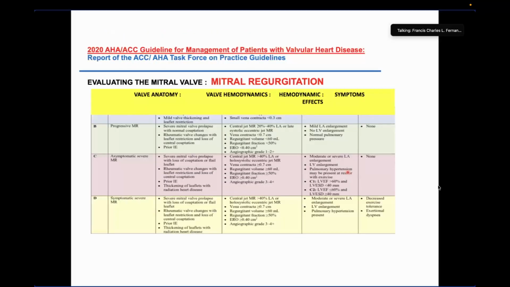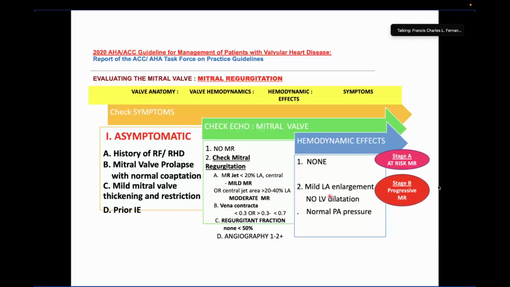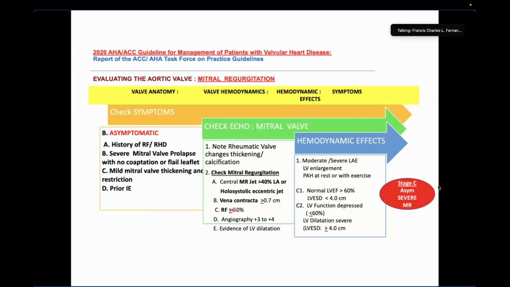So basically, they all follow the progressive, asymptomatic, severe MR eventually. So we're looking at stage A, at risk MR, stage B, progressive MR. We don't treat yet. We will just watch them. I will not go into details of this because these are echo parameters.